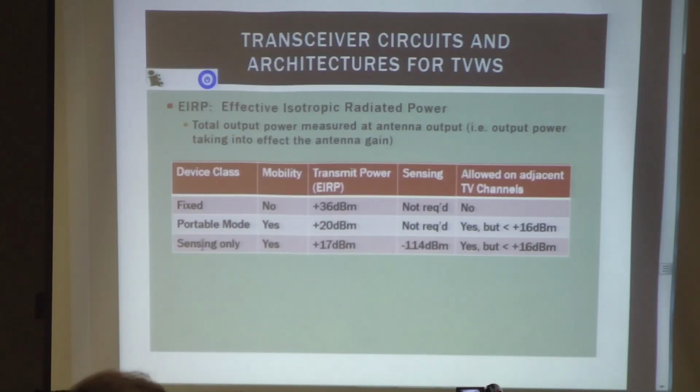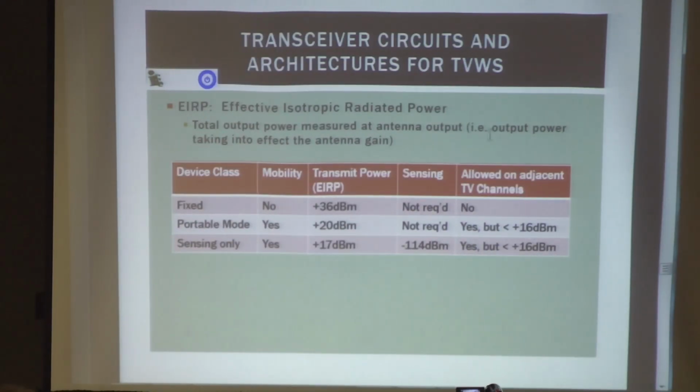Whereas sense-only devices do not require that database and can actually sense the spectrum themselves. So sensing is not required for the first two devices, whereas sensing is required for the last device. As far as output power is concerned, for the fixed devices plus 36 dBm, portable devices plus 20 dBm, and sense-only is a little bit less as well.